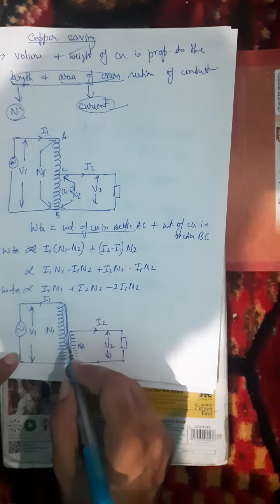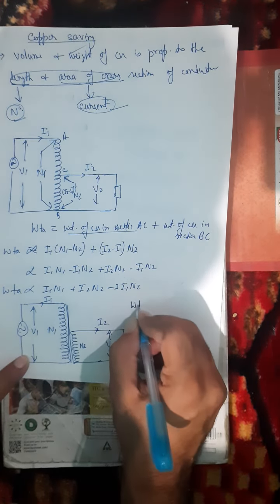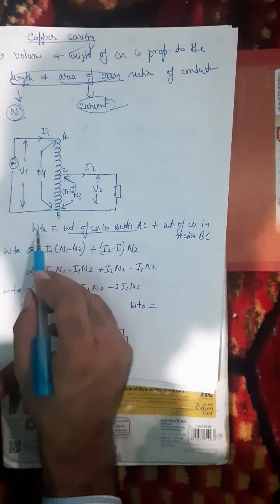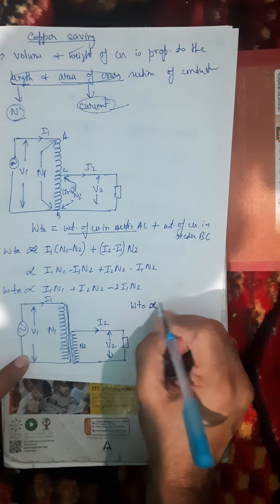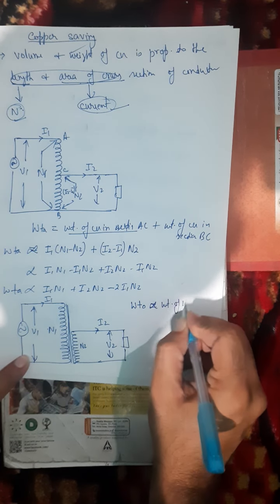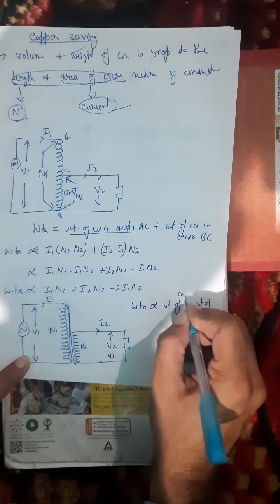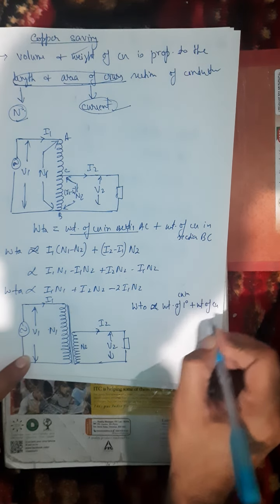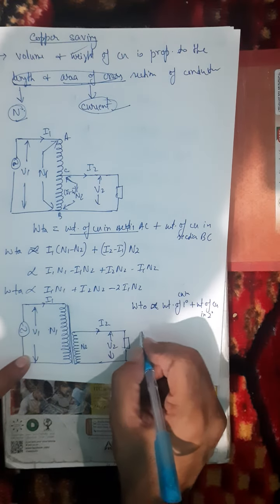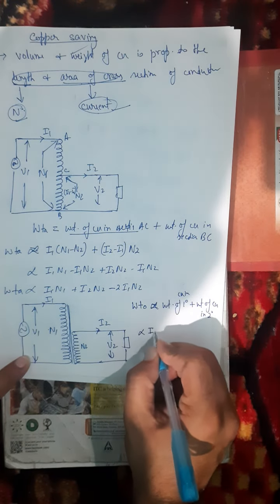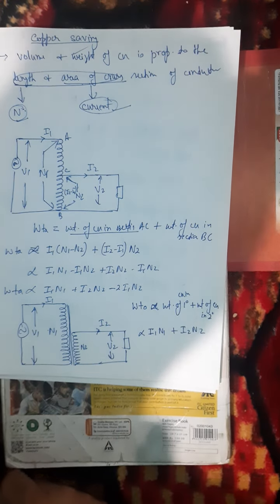So the total weight of the copper required in the ordinary transformer is given by WTO in the ordinary transformer, and WTA in the auto transformer. It is nothing but the weight of copper in the primary winding plus the weight of copper in the secondary winding. So the weight of the copper in the primary winding is I1 N1, and in the secondary winding it is I2 N2.